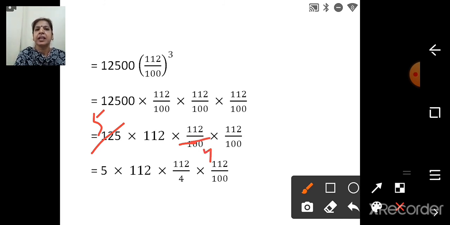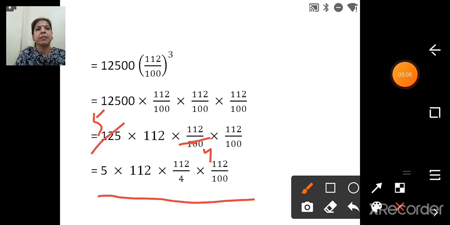And I am showing each step of the calculation, so it becomes easy for you to see how we have got this amount. Now the amount which we are getting is 5 into 112 into 112 upon 4 into 112 upon 100. Right? And then the next step.